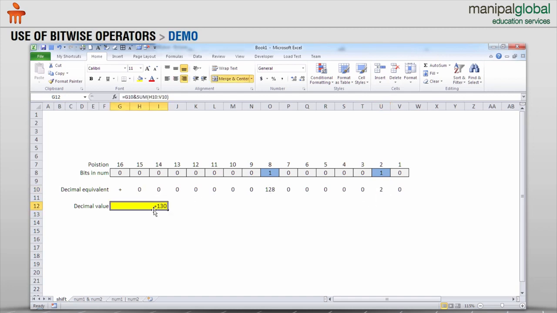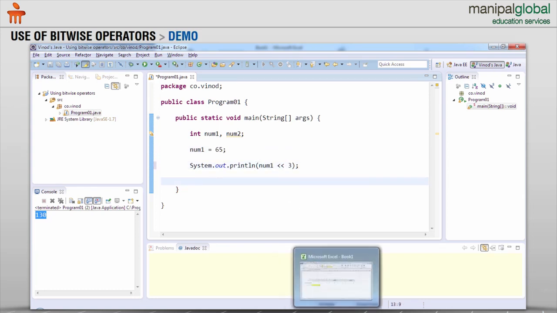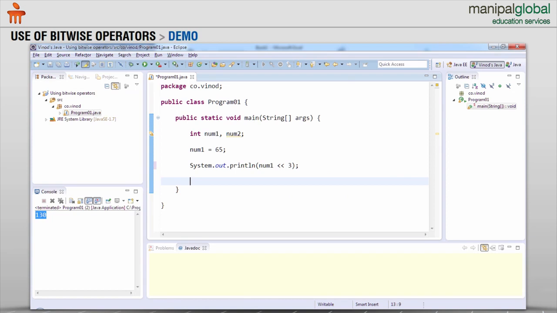Now that's what happened. The same way I can do something like 65 pushed by 3 bits. Now if you check this Excel, this was 65, 1 and these two were 0. Now each of these are moved by 3 bits.